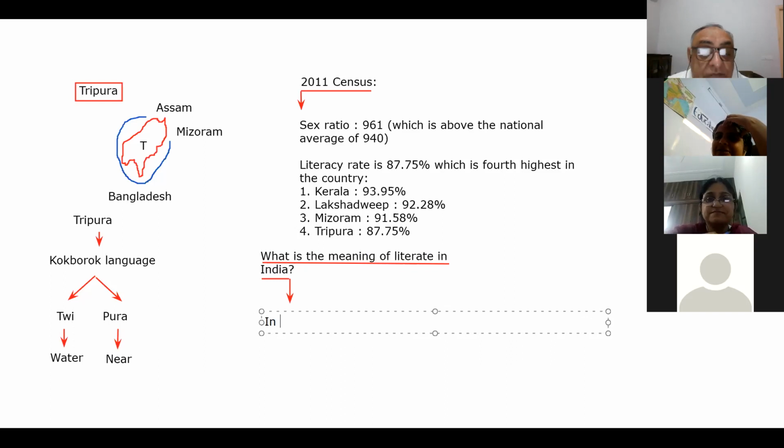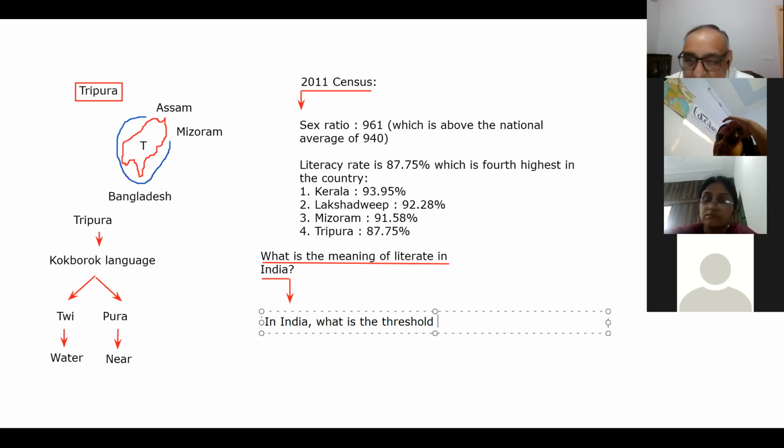Let's discuss. In India, what is the threshold age? Because when you go for the census, there are many individuals who are just 1 month old, 1 year old, 6 months old.